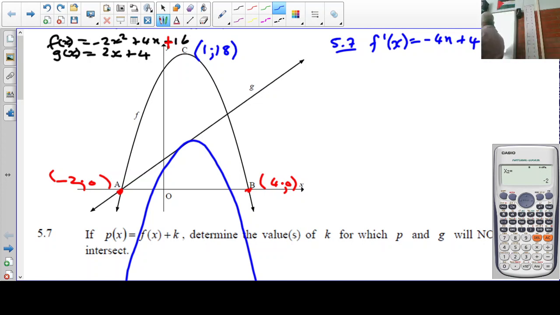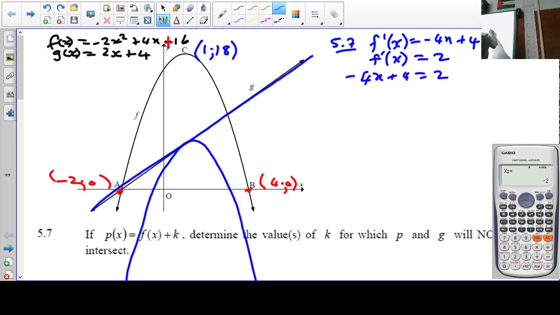So the gradient of g of x is 2. Not so? So if you have 2, then f prime x is equal to 2. So negative 4x plus 4 is equal to 2. So negative 4x is equal to minus 2. So x is then equal to a half. Which means to say the x value at which that point of contact occurs is x equals a half.